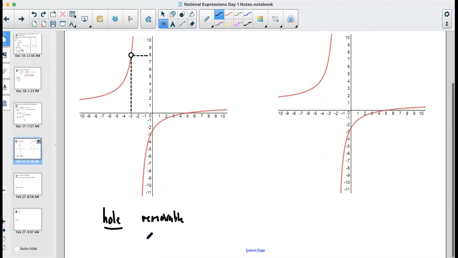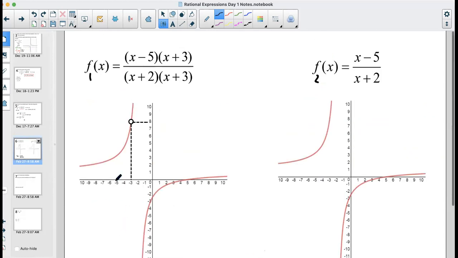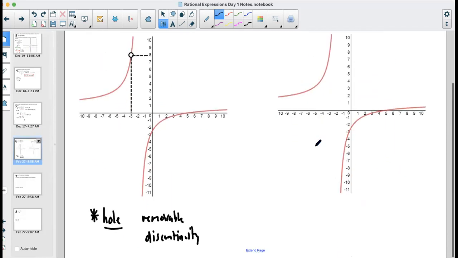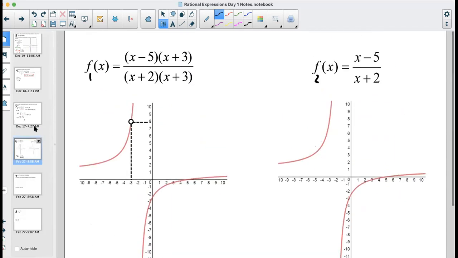You don't have to know that this year. You will have to know it in pre-calculus. But for the purpose of this class, we're just going to call it a hole. And this function, when you cross off the x plus 3's, you remove that restriction. X can be -3 in this one, and so there's no hole in this one.